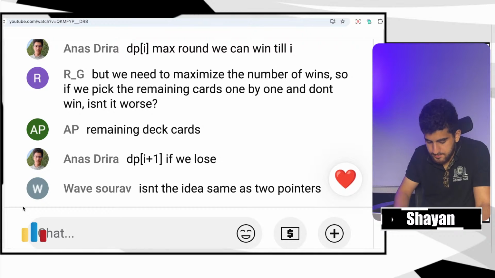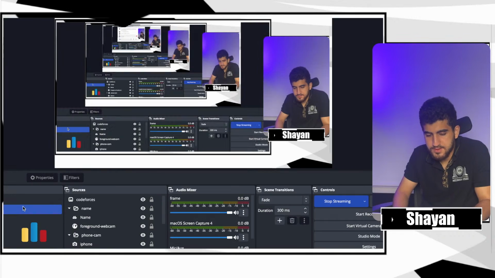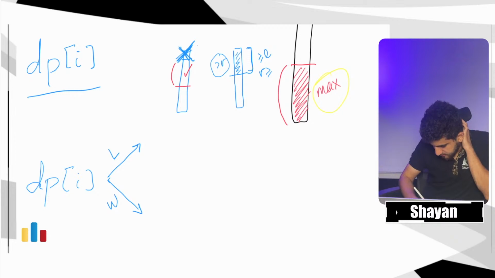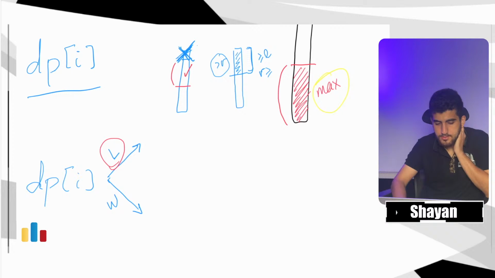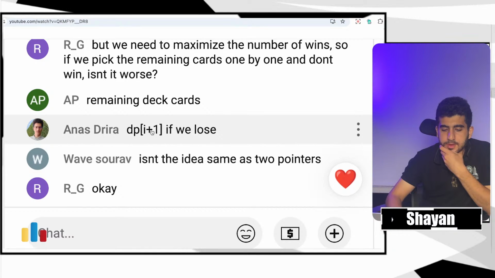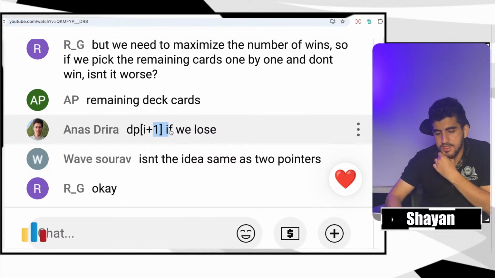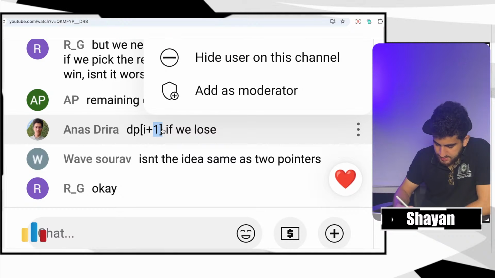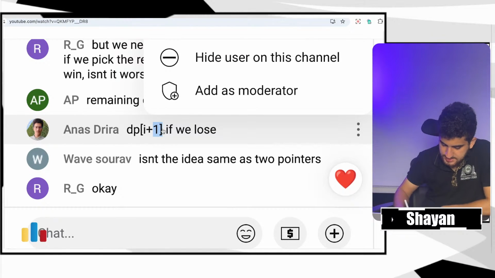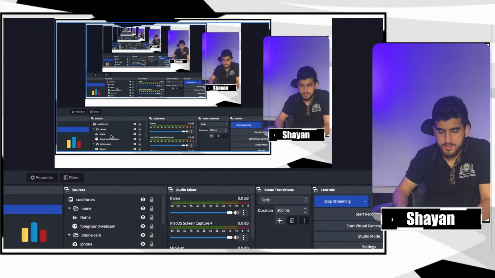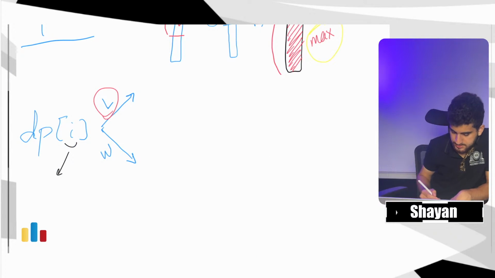So, where do we go if we lose the first round? dp of I plus 1 if we lose. Yes, nice, great. Or in order to simplify things, let's say that dp of I is going to be for the last I cards, because it might be a bit weird if I say I plus 1.